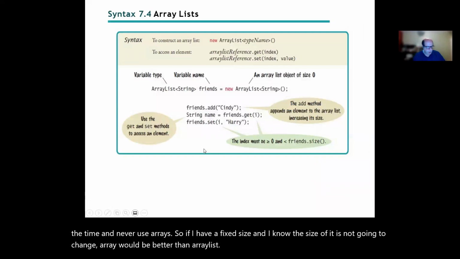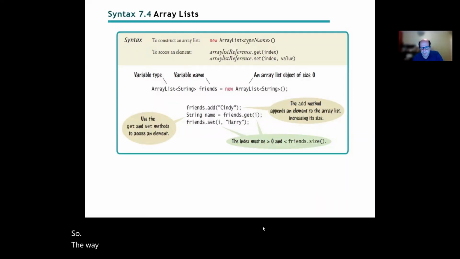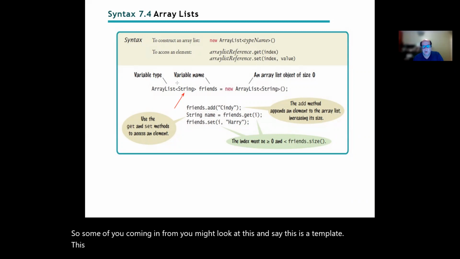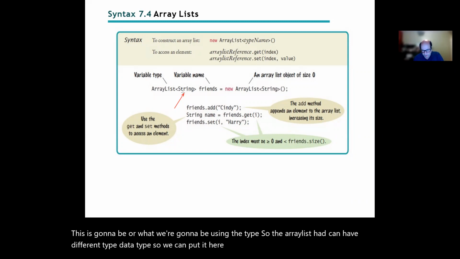Okay, so the way that we're going to do it is, some of you coming in from C++ might look at this and say, oh, this is a template. This is the type we're going to be using. The ArrayList can have different data types, including objects that we learn later on.